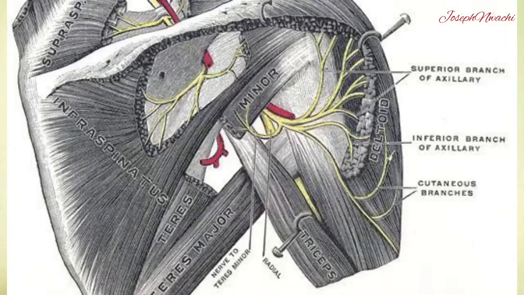That is the sensory function of the axillary nerve, but we'll get there. Like I said, the axillary nerve bifurcates into three basic branches: the articular branch, the anterior terminal branch, and the posterior terminal branch.